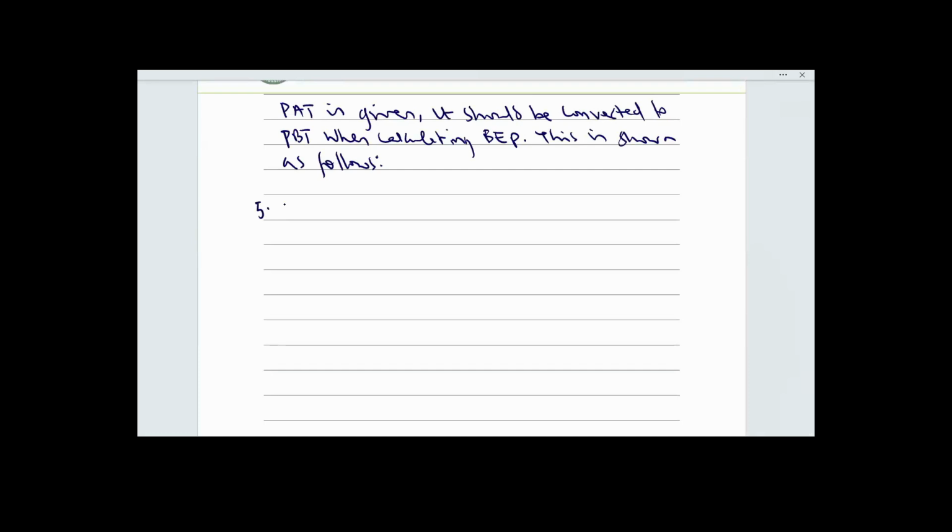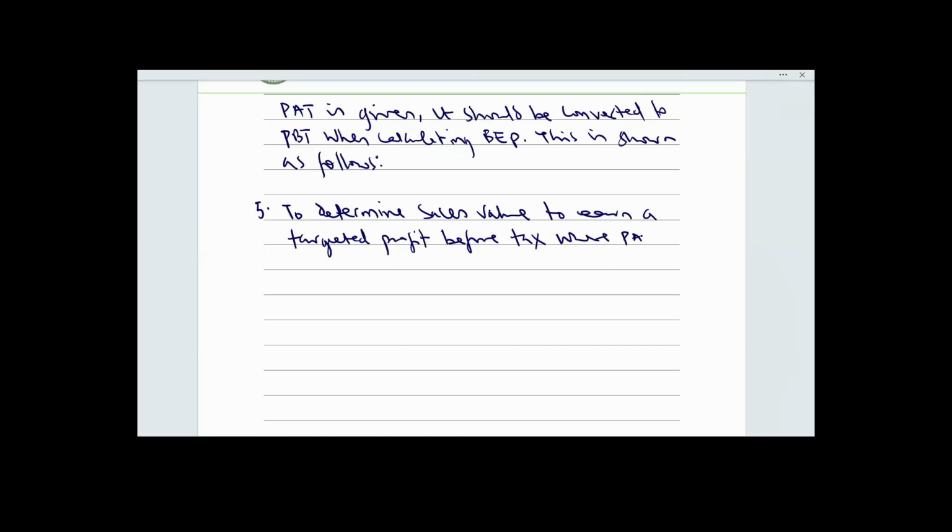Examiner may tell you to determine sales value to earn a targeted profit before tax, where profit after tax is given.